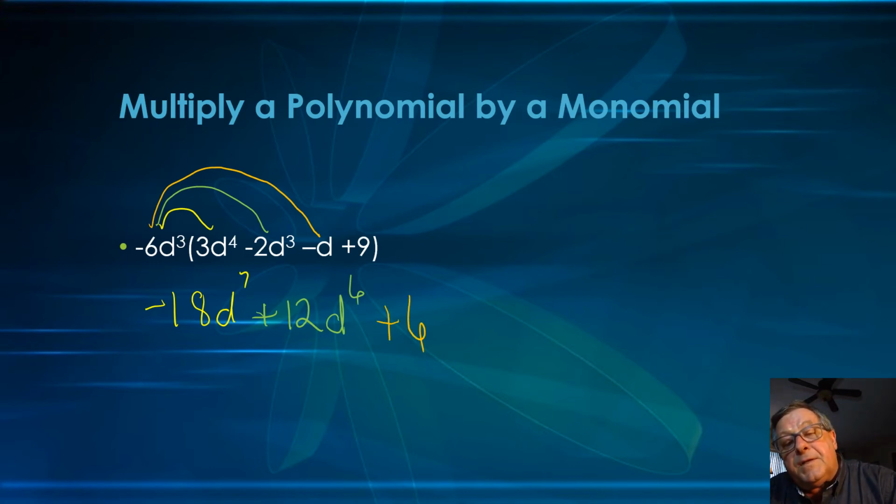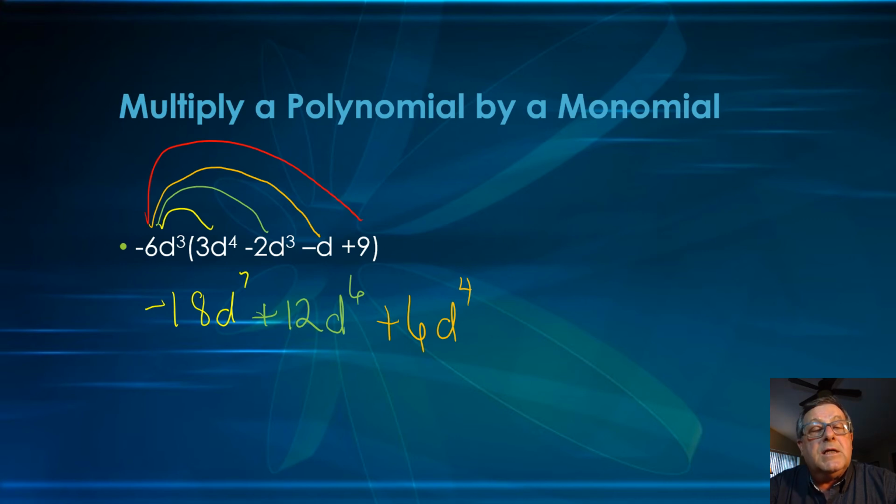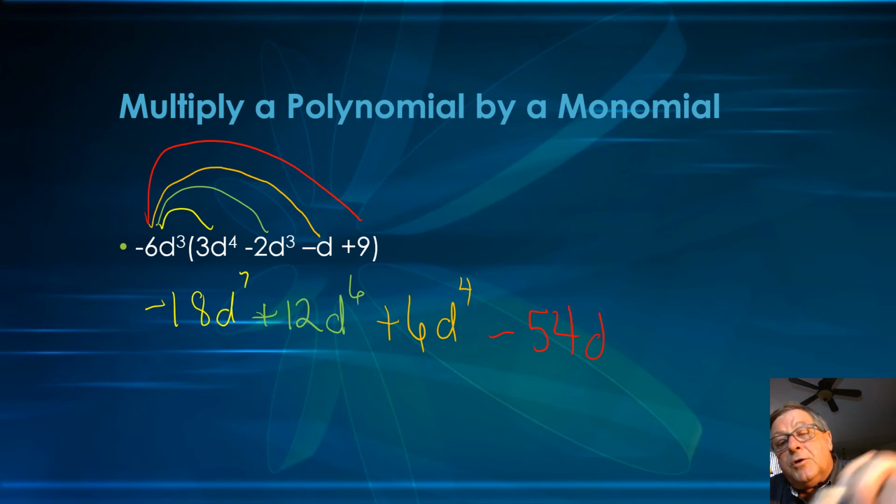And d cubed and d times d is d to the fourth. And then lastly, we've got negative 6d cubed times 9. Let's see, negative 6 times 9 is going to be negative 54. And we can't forget the d cubed.